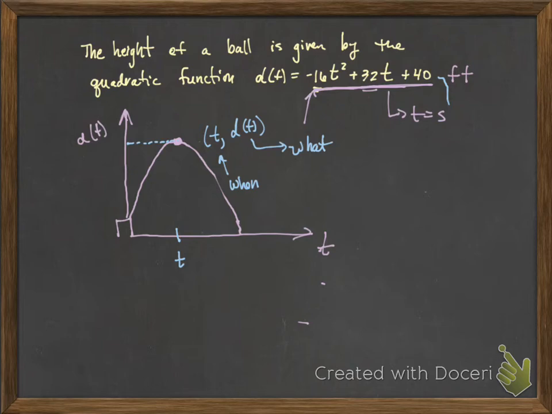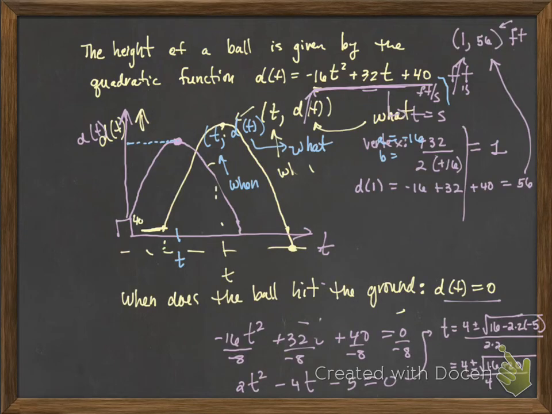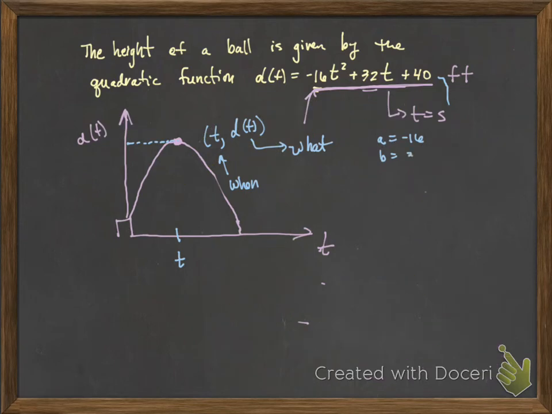So, to find our vertex, we identify our players like before. So A is equal to negative 16, B is equal to 32, and C, which we don't actually need, is equal to 40.